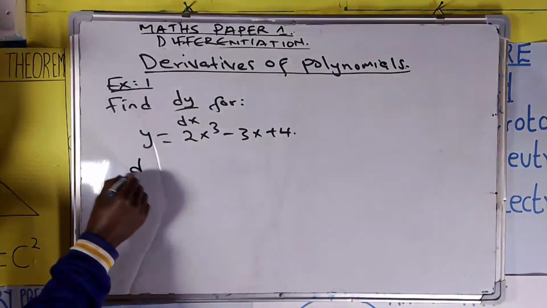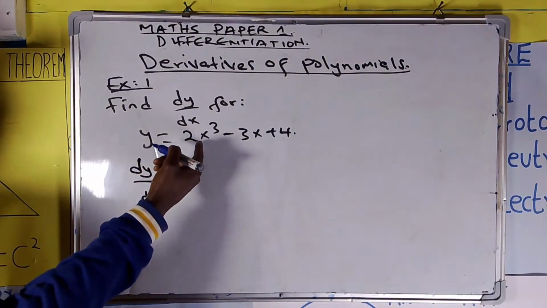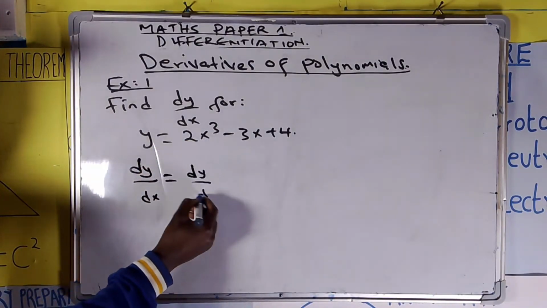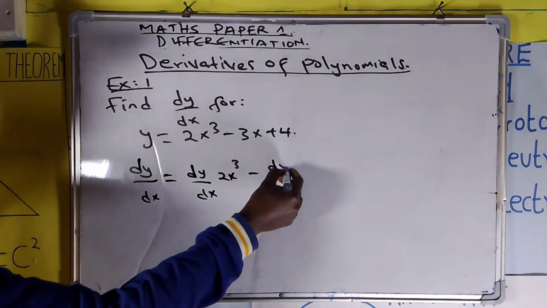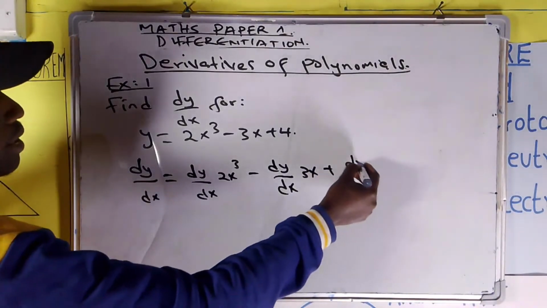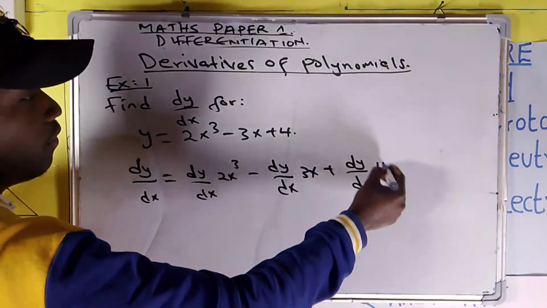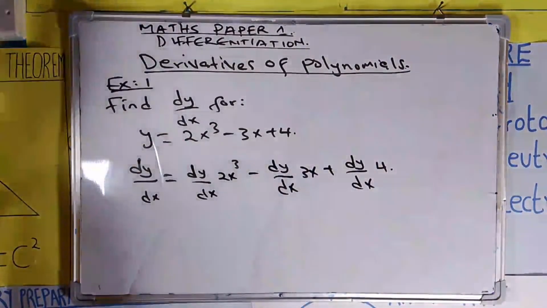In short, to find dy over dx, we are going to find dy over dx of 2x cubic, minus dy over dx of 3x, plus dy over dx of 4. That is how we are going to do that.